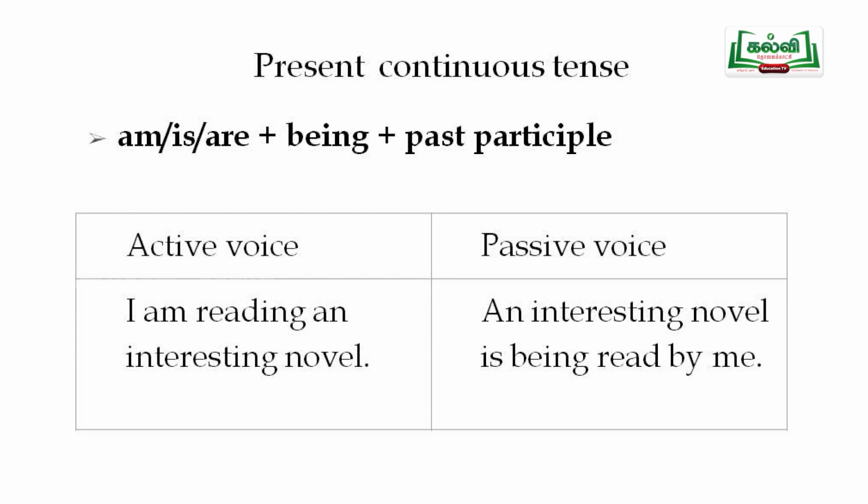An interesting novel, how you can change the verb: am reading is being read. Now you have to add by because it is a passive sentence, and the pronoun subject I is changed into me in the passive sentence. So the sentence should be, an interesting novel is being read by me.